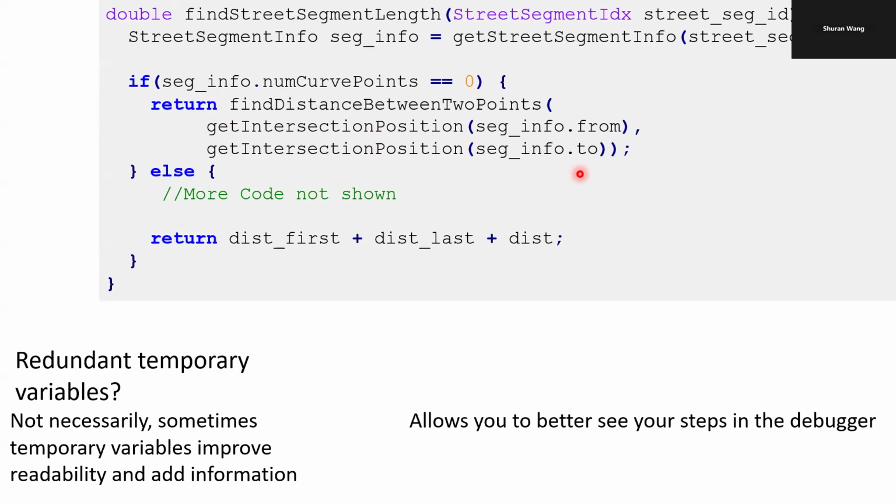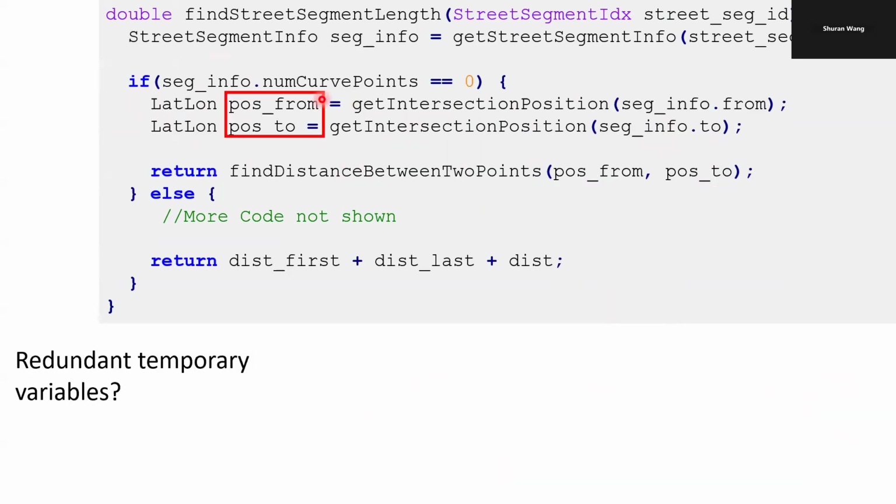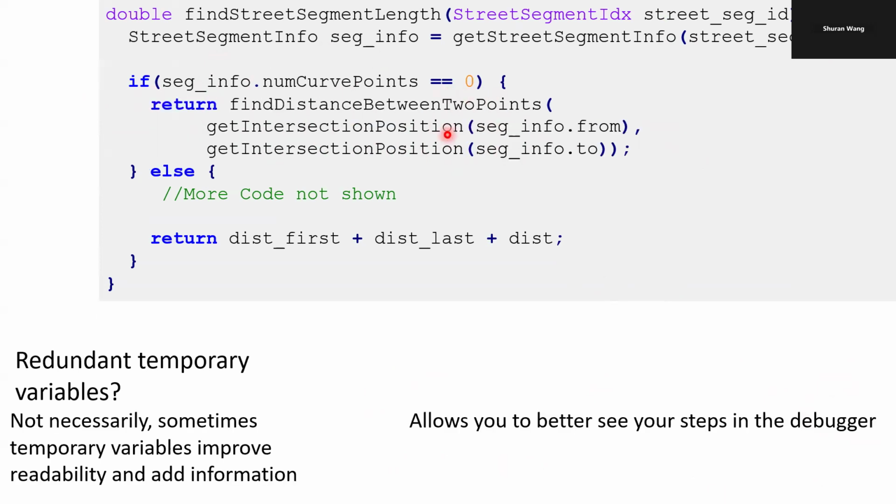Sometimes the temporary variables can help improve our readability and add information, and allow you to better see your steps in the debugger. So if you step through the debugger like this, you might need to do a lot of step into at this single line. But if you are doing it here, you can know which function you're stepping into, which line.